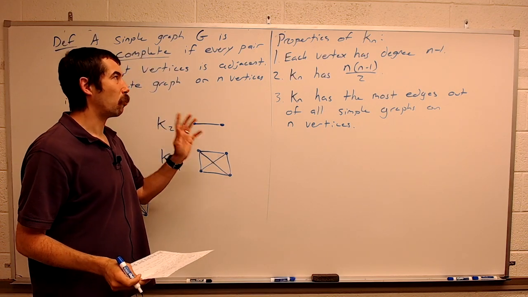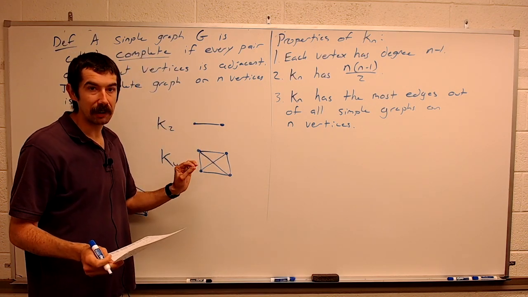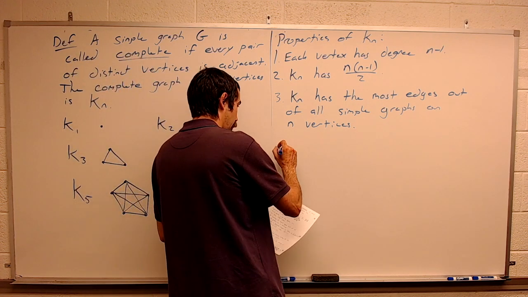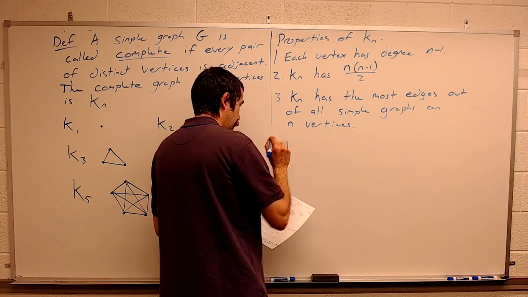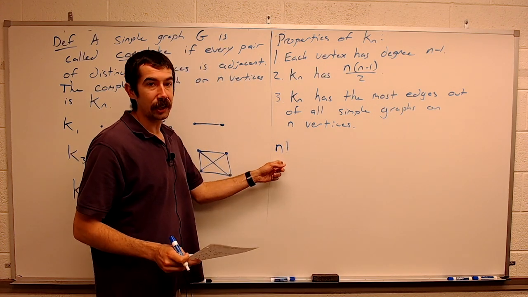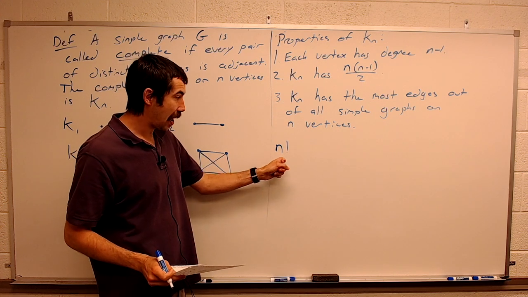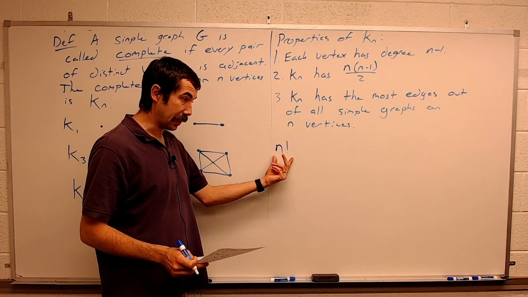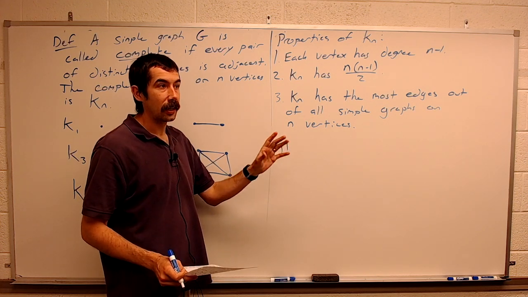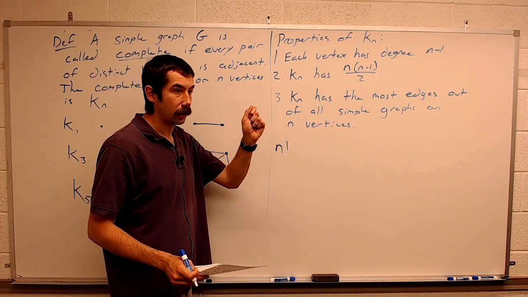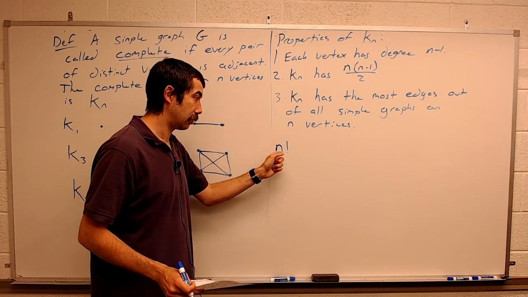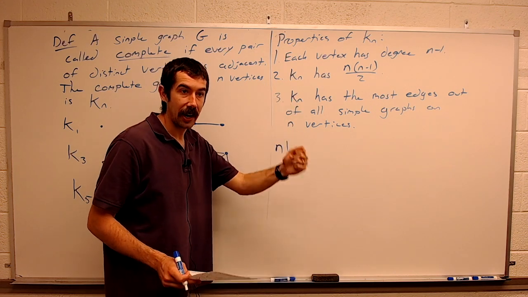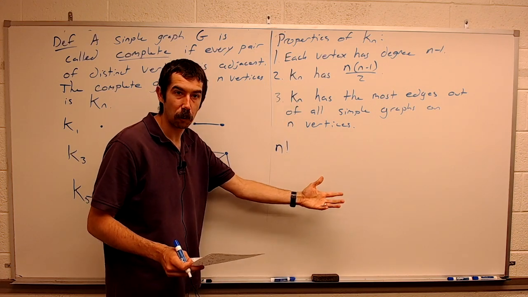Okay, we're actually going to state one more property, but we need a little bit of notation before we get there. This notation, n factorial, right? N exclamation point means n factorial. This is a number, and it's basically, if you take a whole number, 10, the way you get 10 factorial is you take 10 times 9 times 8 times 7 times 6, all the way down to times 1.